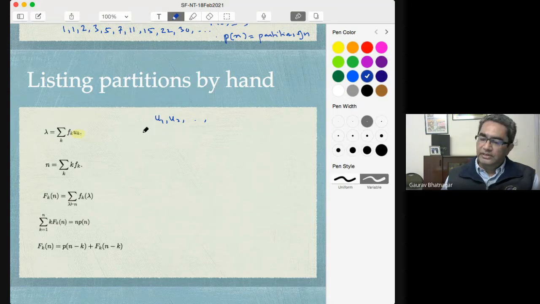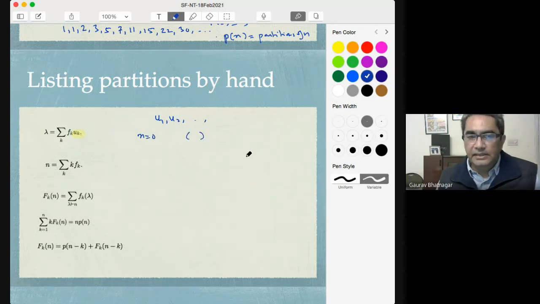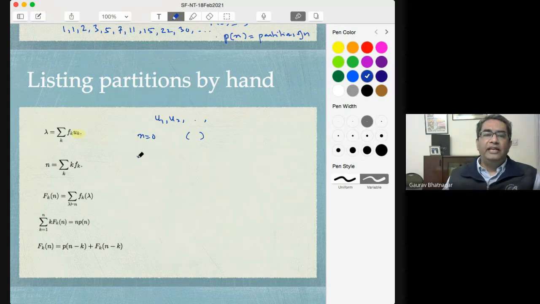So for n equal to 0, there's an empty partition. It will be clear what a partition is shortly. For n equal to 1, we take U1 as a partition. So U1 simply stands for 1. So U_k stands for k.